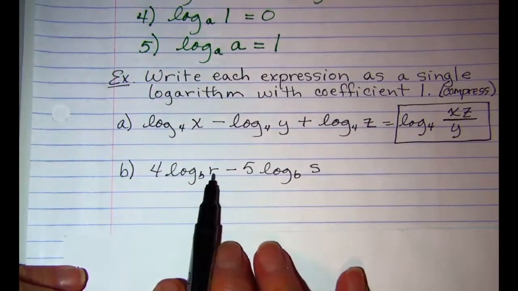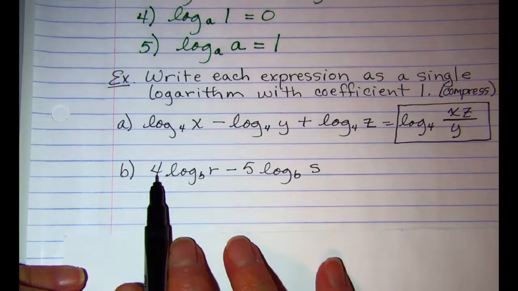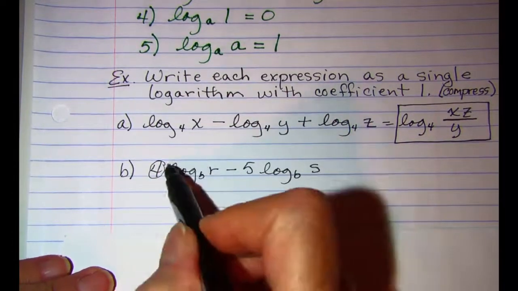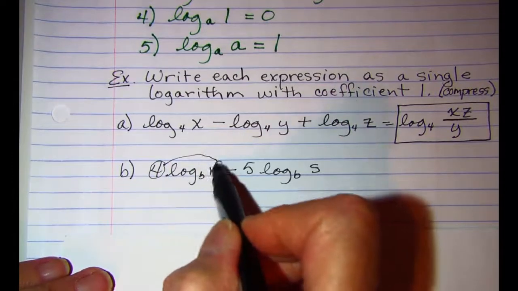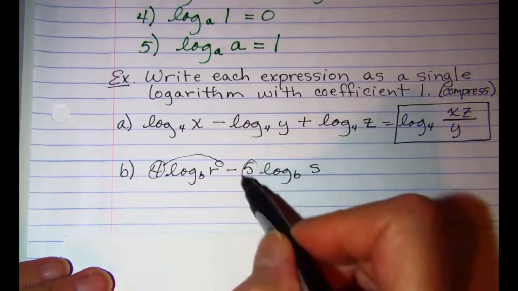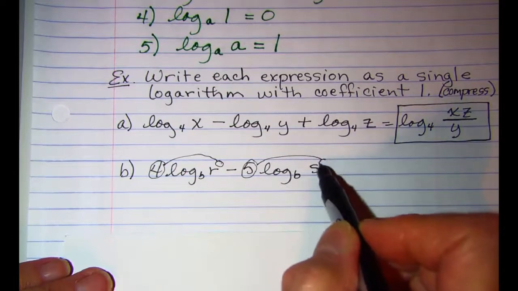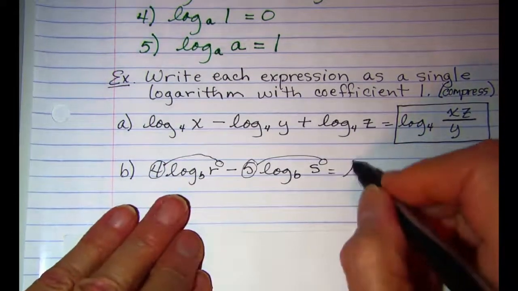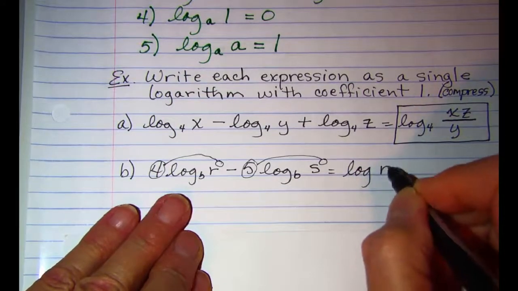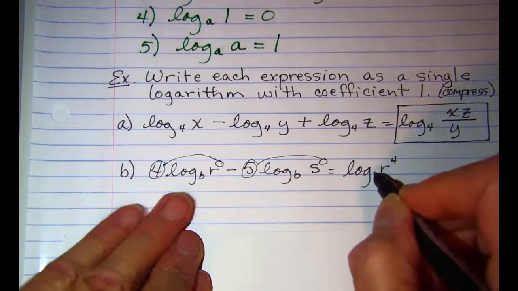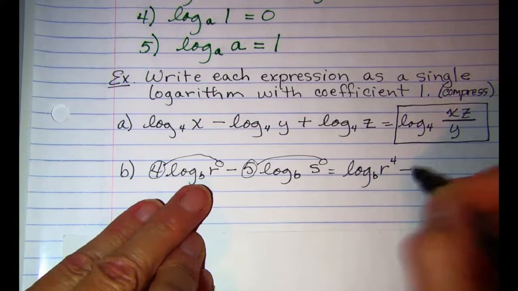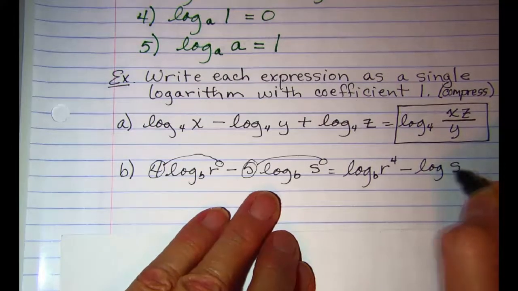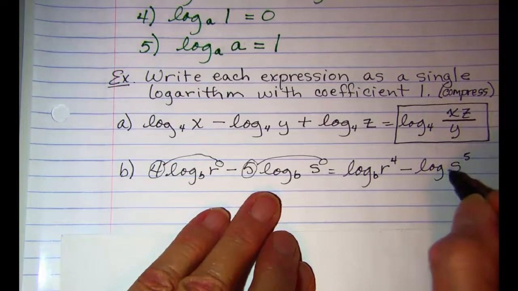Our second example, I'm going to use property 3 first and take this factor and write it as an exponent on the argument in the same way here. So this is the log of r to the 4th power, base of b, subtract the log of s to the 5th power with the base of b.